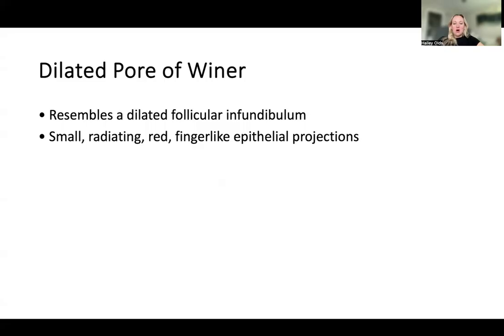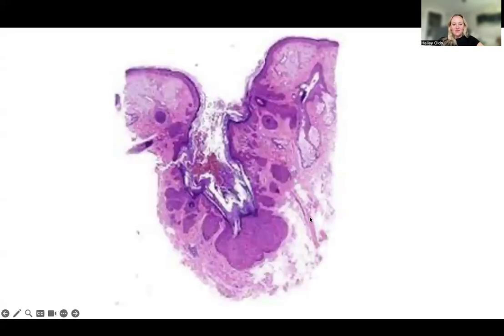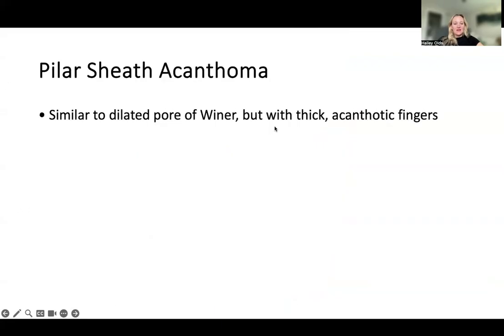And then you have these small finger-like epithelial projections, versus this one. Sorry that this picture is a little bit blurry, but this one looks very similar, except the fingers coming off are a lot fatter. So that is a pilar sheath acanthoma. So just when the fingers are thicker, that's pilar sheath acanthoma.